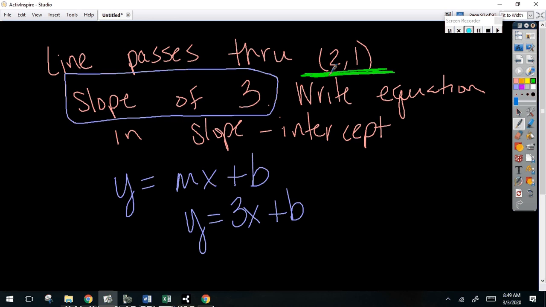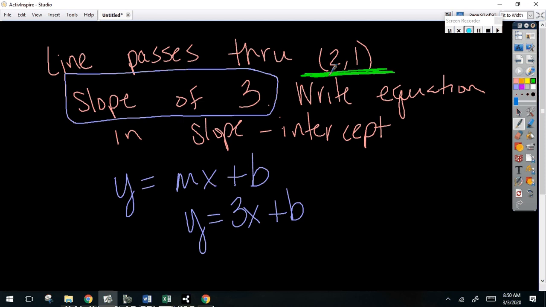Up 1 over 1. So this point is (1, 1). Do you agree? No. Wait, what? Oh, yeah. Oh, (1, 2). I'm sorry, (1, 2). You're right. What happens if I plugged in this for my x and this for my y in this equation?